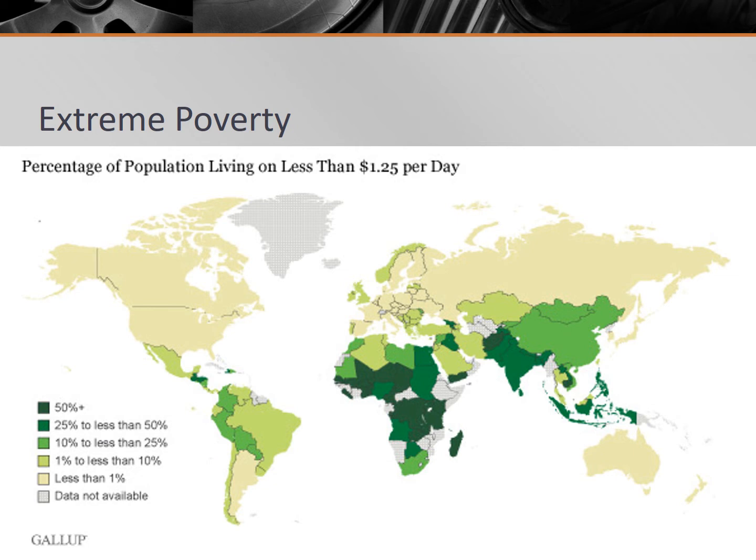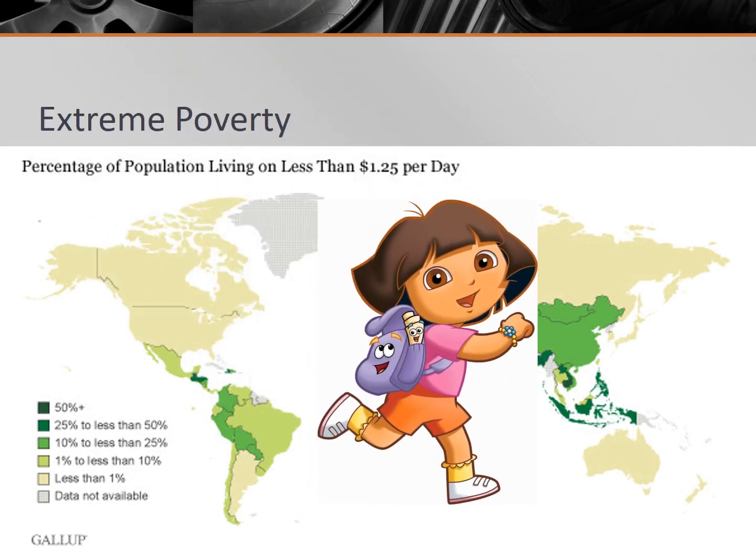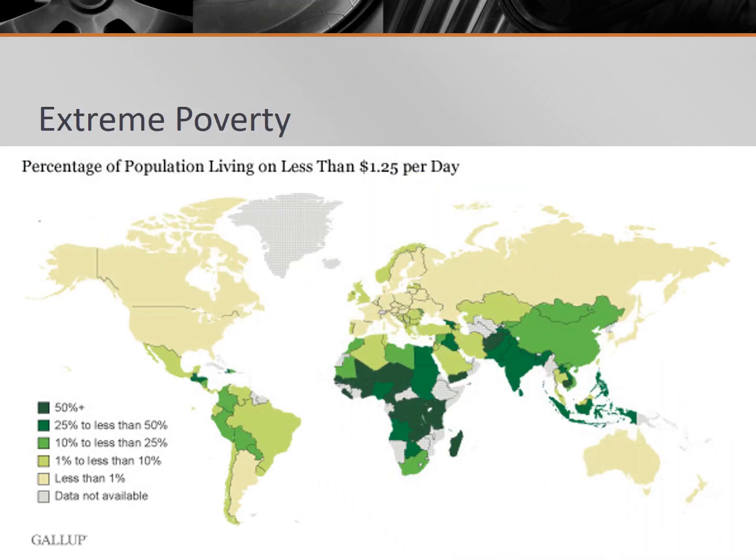And so let's ask the question that we often ask: is this a good indicator of development? And we can see that once again, extreme poverty is a good indicator of development. We see the highest rates of extreme poverty in the least developed countries, and we see the lowest rates in more developed countries.